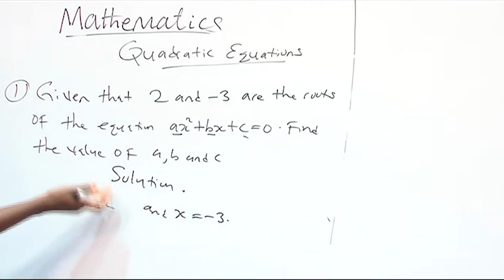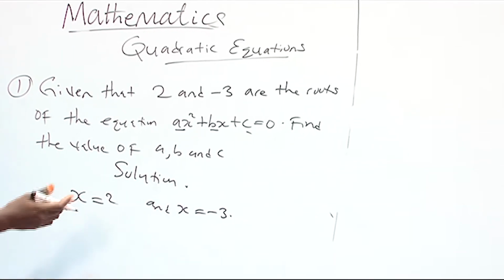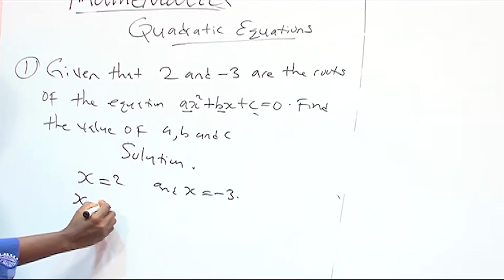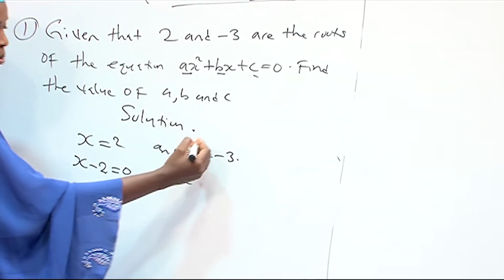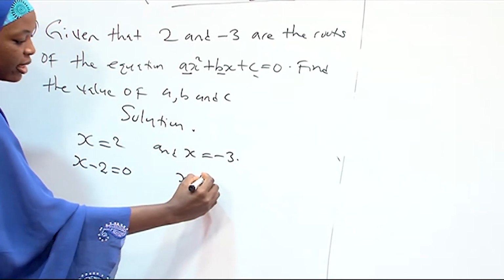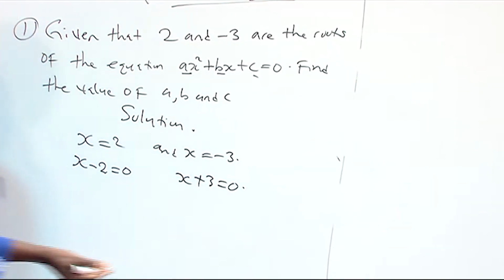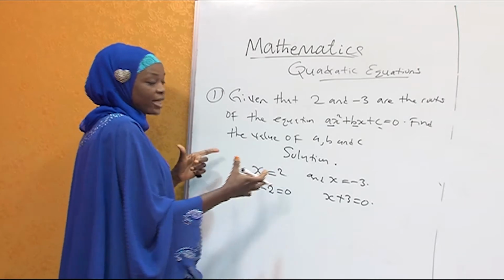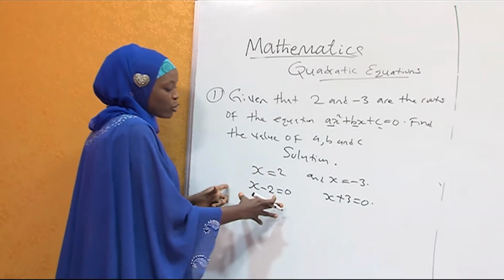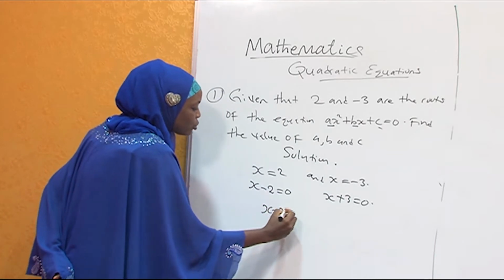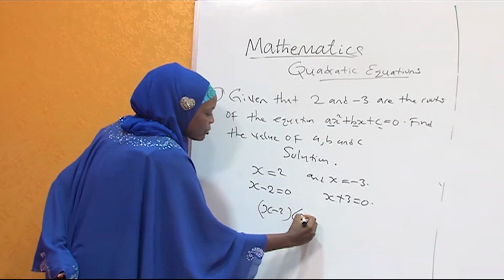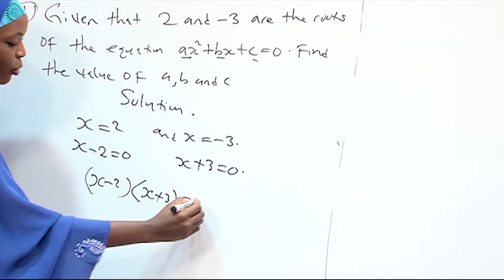Bringing 2 to the other side so that we can equate it to 0, we have x minus 2 equals 0. Also here, bringing minus 3 to this side, it becomes x plus 3 equals 0. Now, because we are trying to get an equation out of this, we multiply them together. So I have x minus 2 times x plus 3 equals 0.